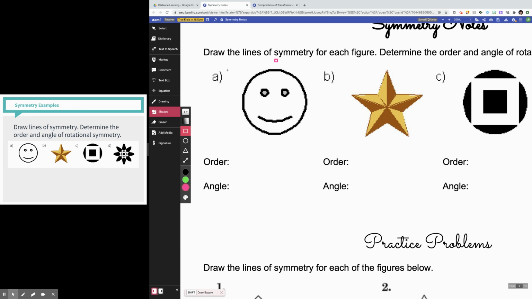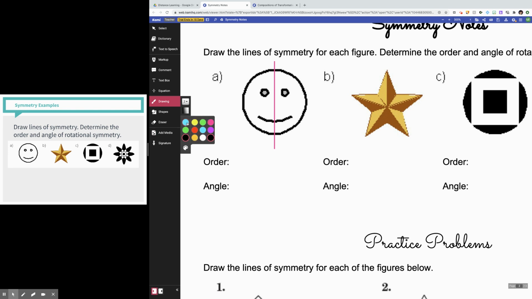Whoops, didn't want that. That's a square. I want a line, not a square. So you can really only draw a line straight down the middle to make that perfect fold line right there. And then if we're thinking about rotational symmetry, there's really no way for me to rotate this so that it looks exactly the way that it looks right now because of these eyes and this smile.